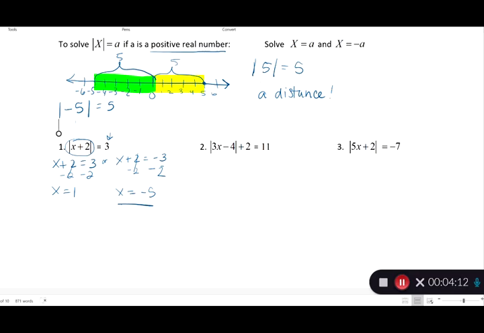So for this one now, we have a positive number, right? We want to check and make sure, is it equal to a positive number? Yes. But then I only want an absolute value equals a number. So this plus 2 has got to be dealt with before you can start solving for your absolute value.